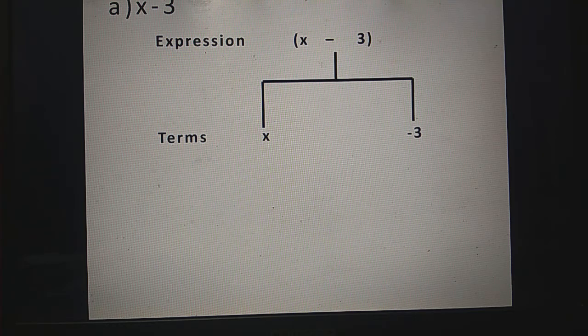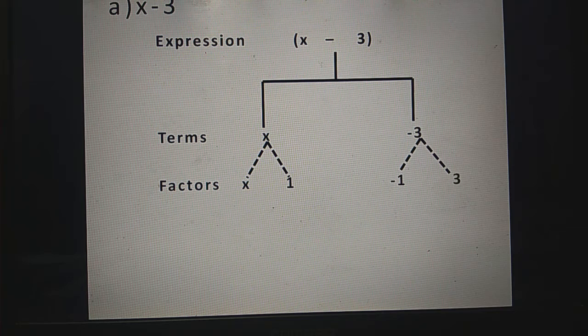By multiplying the variable by 1. And how can you obtain minus 3? By multiplying 3 by minus 1. So the factors are, we will represent the factors in the tree diagram by shaded line. So the factors are 1 and x for the first one, minus 1 and 3 for the second one. So this is a tree diagram for the expression.